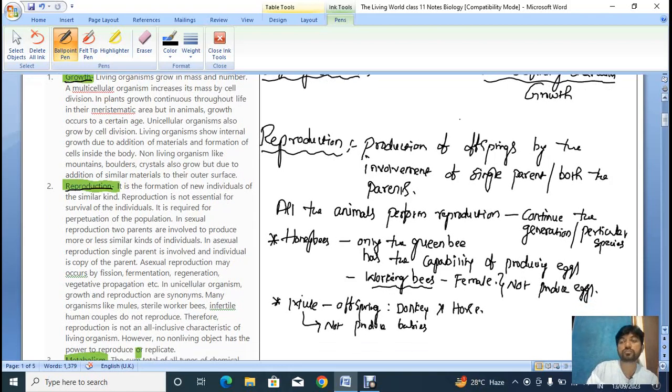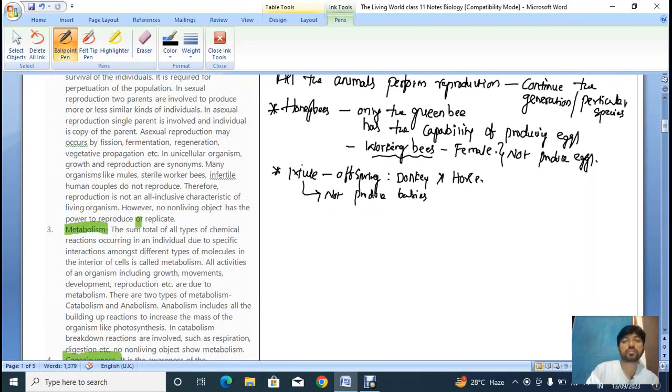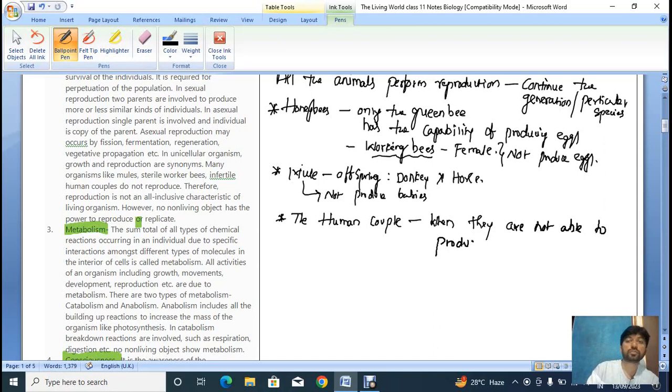Now another example. The human couple, when they are not able to produce babies due to some medical conditions, due to some medical problems, and they won't produce the babies, whether they are not considered as living.